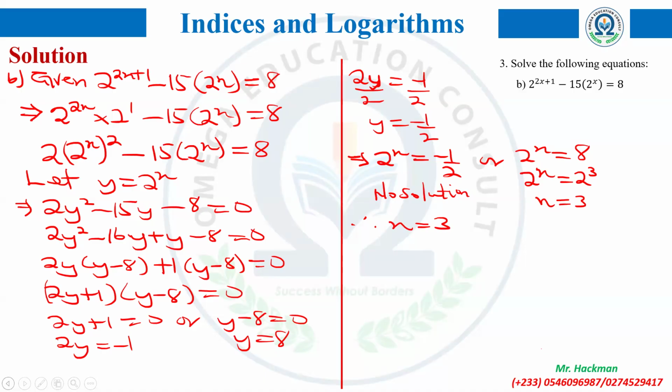Which one are you talking about? The conclusion where you wrote no solution. I punched -2 to the power -1. But the 2 here is not minus.